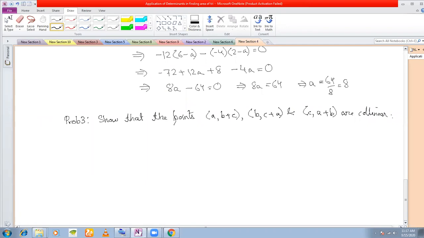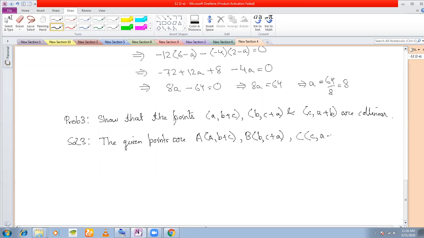Okay. When will they be collinear? If I can show that the determinant formed by these 3 points is 0, isn't it? So first I will label the points. The given points are, let us call this point as A, call this point as B, and let us call this point as C. Okay, so we find out the area of the triangle.